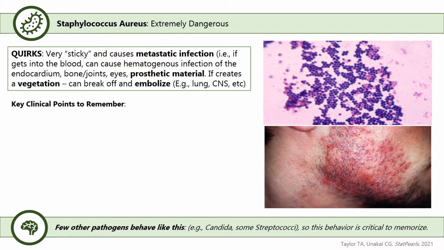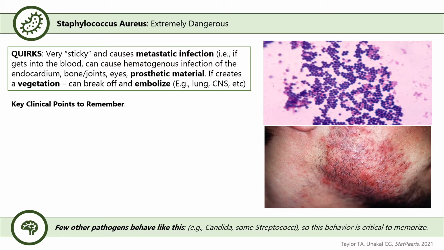Staph aureus has the ability to cause metastatic infections. That is, it can hematogenously cause infection at distant sites from its source. Most commonly, Staph aureus gets into the blood, can cause endocarditis by sticking and accumulating on the heart valves or endocardium, as well as bone and joint infections, particularly in the spine and disc space, which can create new nidus of infection.